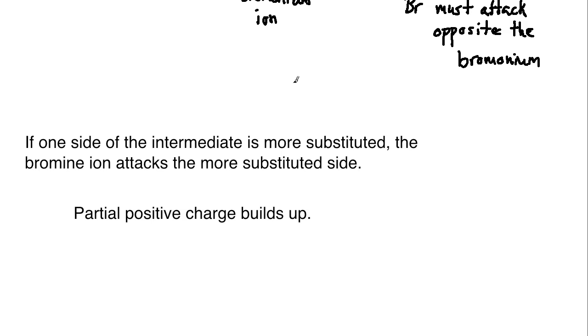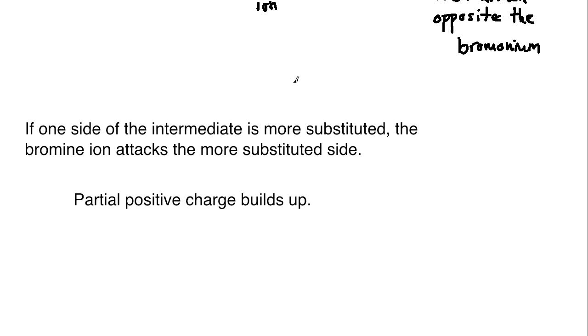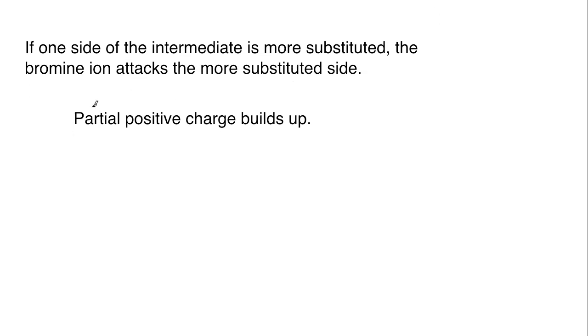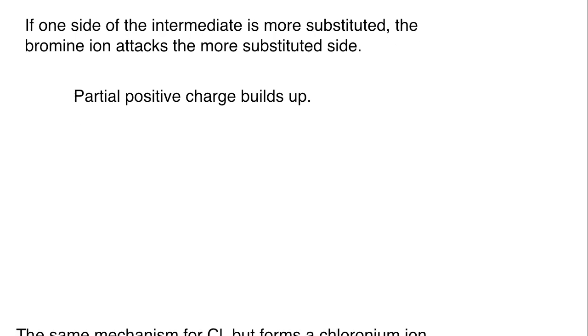And this is important because there's going to be partial positive charge that builds up. You basically are on your way to a carbocation, but you don't actually form one. And that partial positive cation buildup is going to direct the incoming groups selectively to one of the carbons versus the other. So let's just briefly take a look at an example where this is more evident.